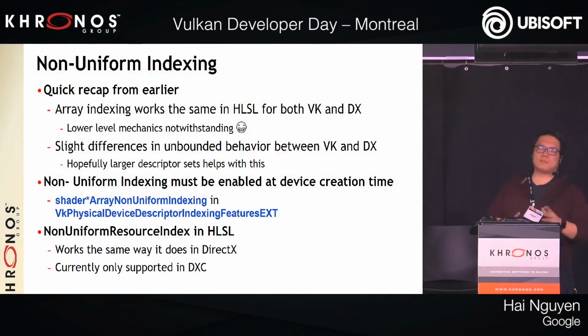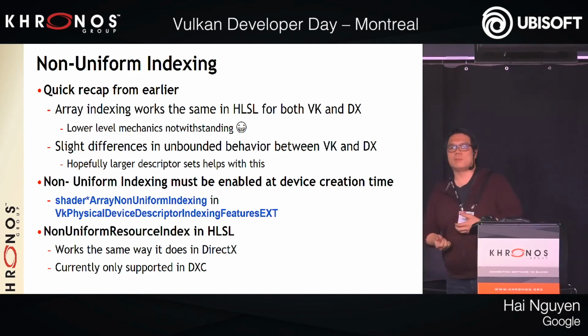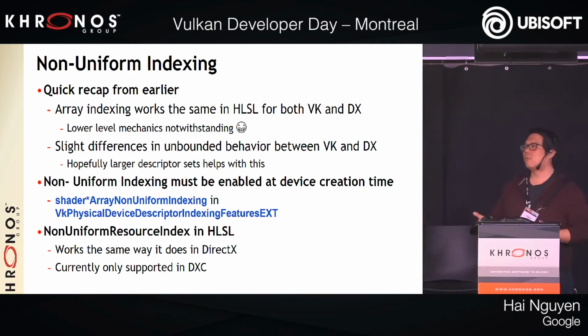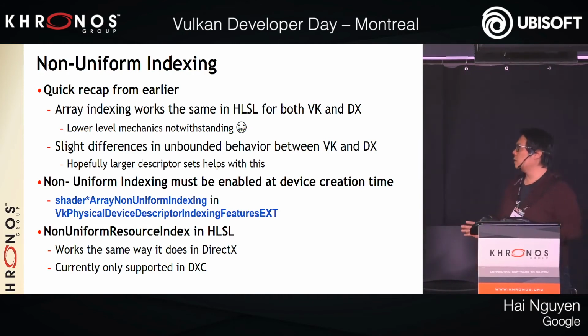And this is the part about non-uniform indexing. So we established earlier that the array indexing works the same in HLSL for Vulkan and DirectX, the lower level mechanics notwithstanding. And there's some slight differences in the unbounded behavior between Vulkan and DirectX, and hopefully having large sets can help you alleviate this.